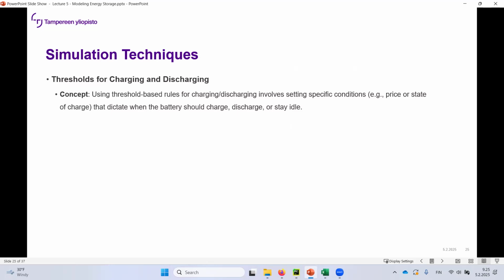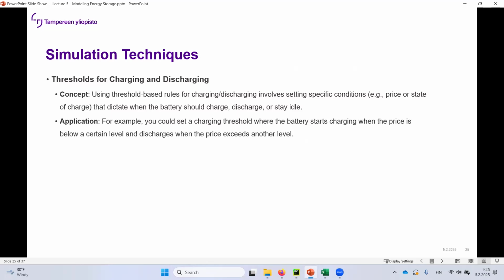But what kind of simulation techniques can you use? In here we're talking about, for example, battery arbitrage. So buy when it's cheap, sell when it's expensive. So that's what you can do with the batteries. That's called battery arbitrage. So the first thing that comes into mind is using thresholds for charging and discharging.